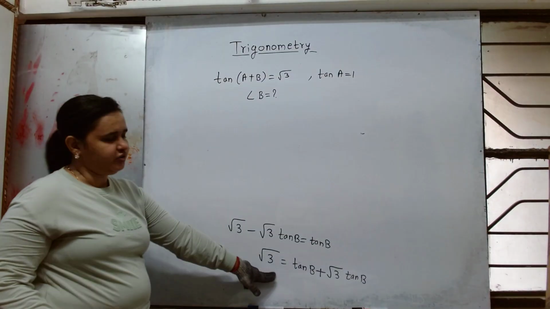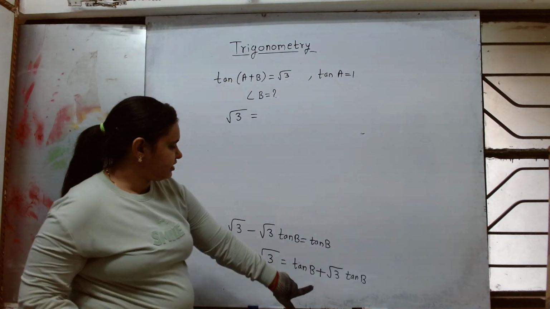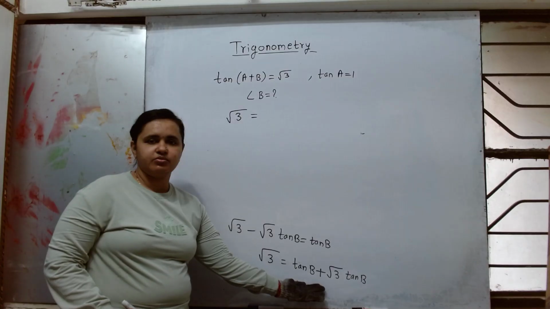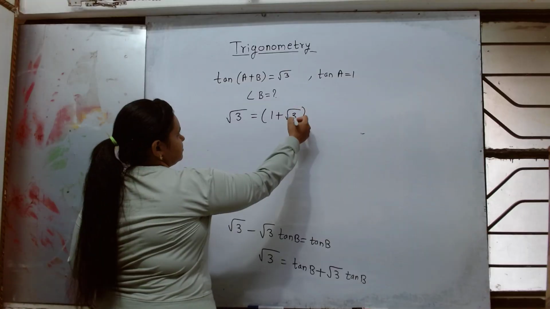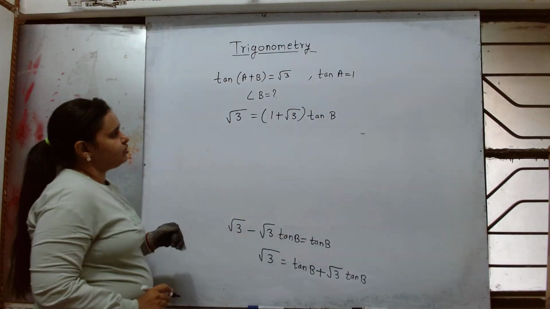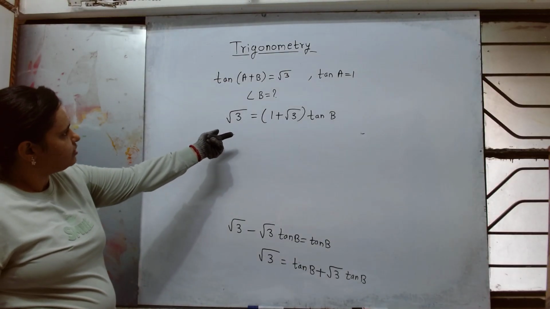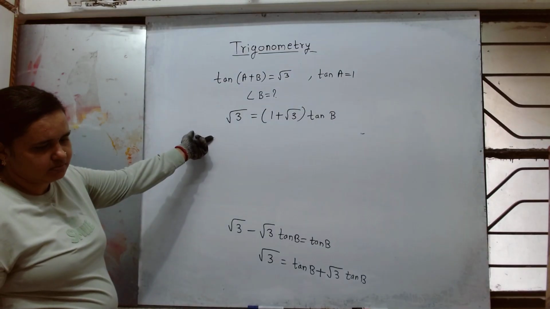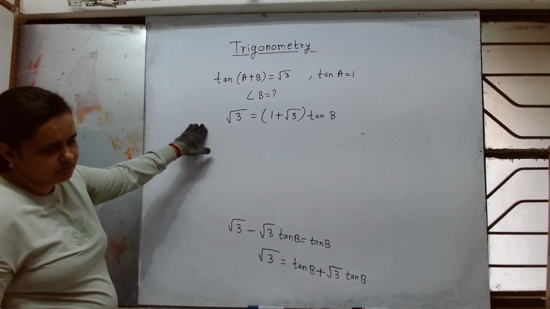Continuing this, root 3 is equal to, taking tan B common, 1 plus root 3 into tan B. Now root 3 is equal to tan B into root 3 minus 1.